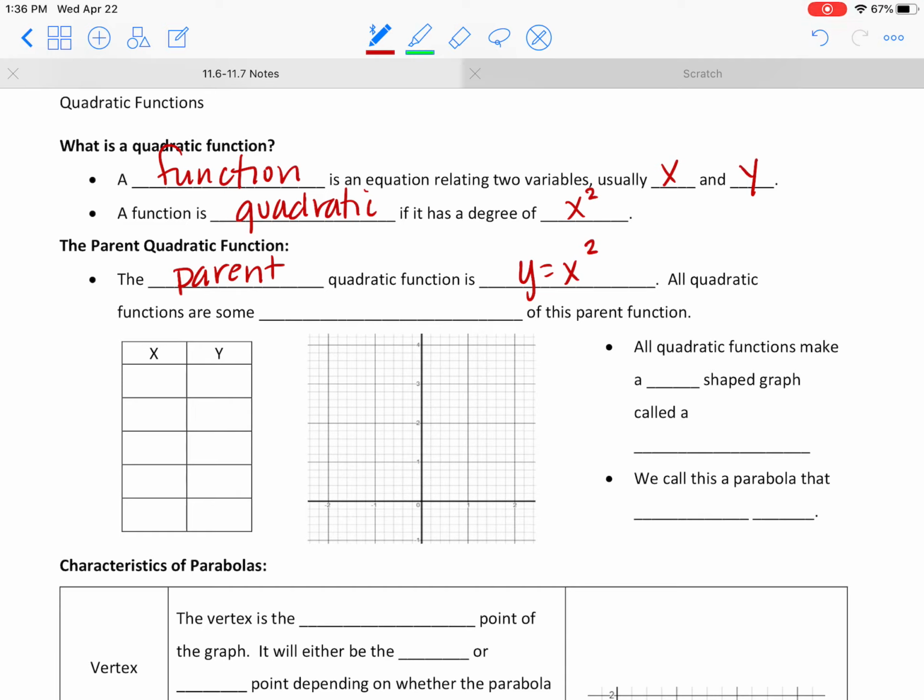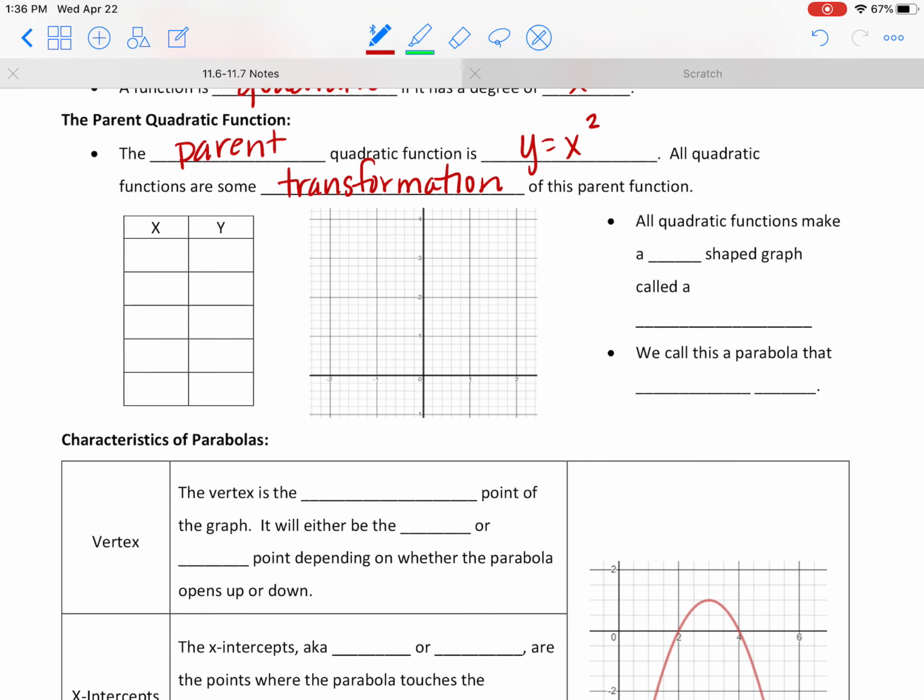So the parent quadratic function is just y equals x squared. Nothing being added to it, subtracted from it, multiplied by it, dividing into it, nothing. So there is the basic. All quadratic functions that take this and manipulate it in some way are just going to be some transformation of this parent function.